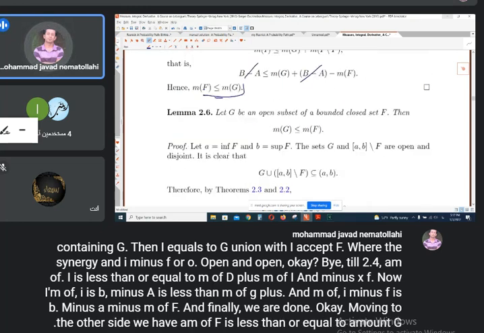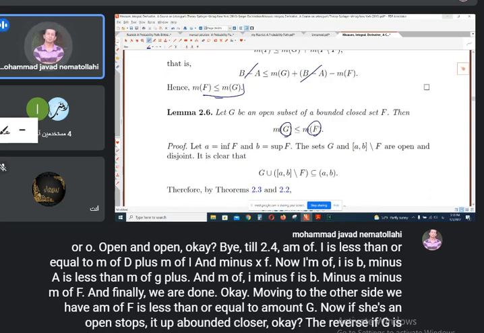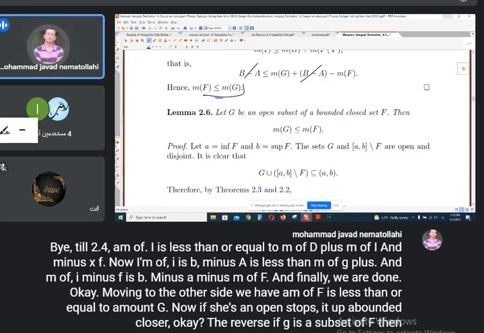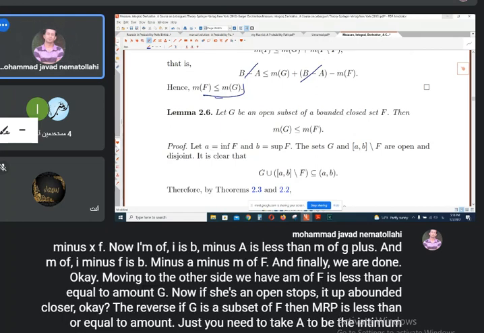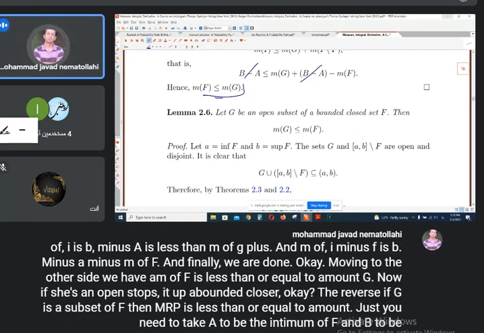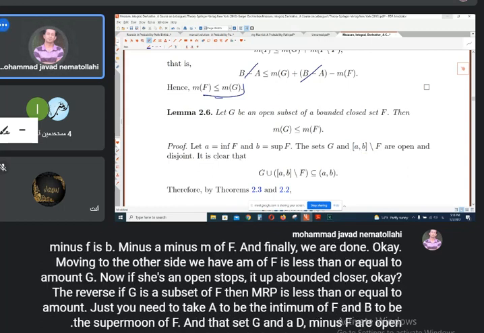Now, if G is an open subset of a bounded closed set F, okay, the reverse. If G is a subset of F, then m of G is less than or equal to m of F. You need to take a to be the infimum of F and b to be the supremum of F. The sets G and (a,b) minus F are open and disjoint.